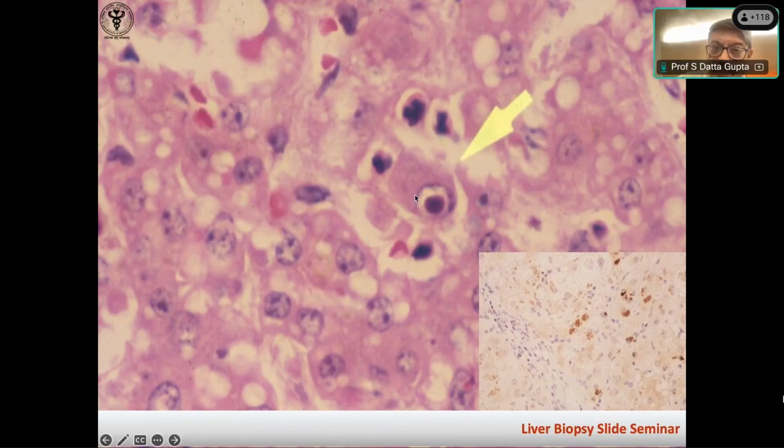And later the DNA becomes pyknotic, you don't see it. Here it is within the nucleus. No, this is the nuclear membrane within the nucleus. And you see, this is an intranuclear inclusion. This is CMV.